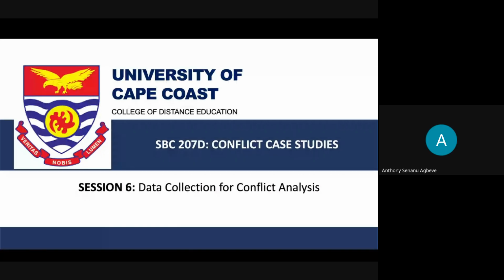Okay. So the final bit of it is data collection for conflict analysis. Last week we looked at the various ways of collecting data when you want to analyze a conflict. We talked about interviews, surveys, and focus group discussions.